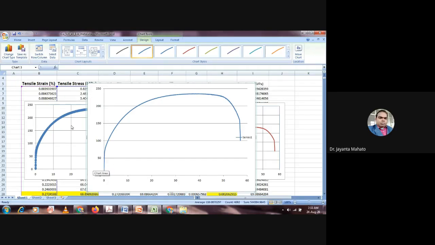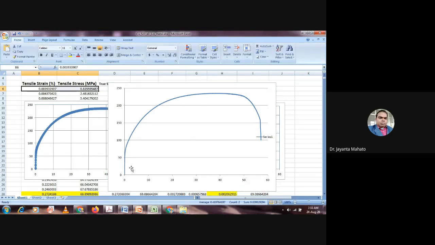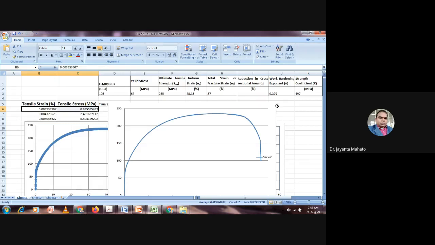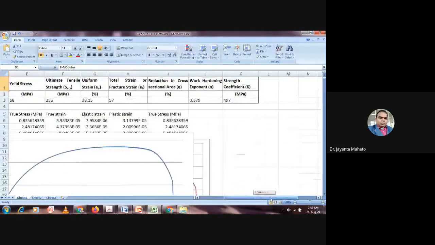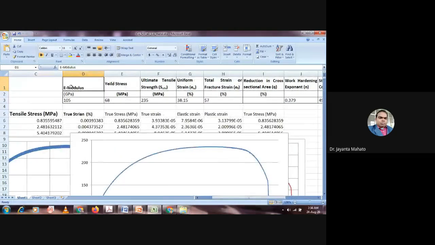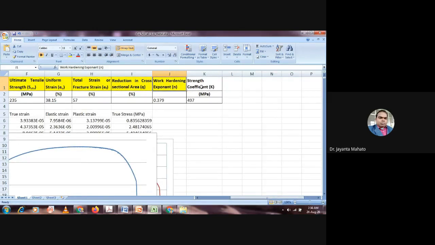Yes, sir. Okay, so from this stress strain value from the tensile test, you can construct a stress strain curve, and from this raw stress strain data, you can calculate all the mechanical properties, all the tensile properties like E modulus, yield stress, ultimate tensile stress, uniform strain, total strain, reduction in cross-sectional area, work hardening exponent, that is n, and strength coefficient.